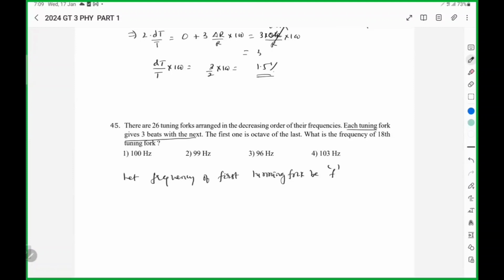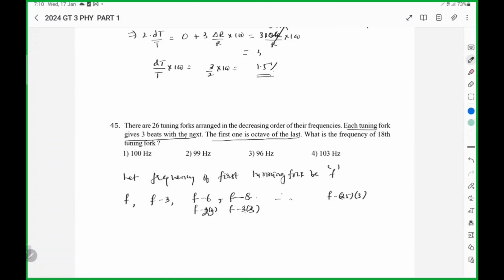So f, f minus 3, f minus 6, like this, for 26 tuning forks. The second is f minus 3 into 1, the next is f minus 3 times 2, then 3 times 3, and so on. The fourth one has 3 times 3, the third has 2 times 3, so the 26th one will be f minus 3 times 25.